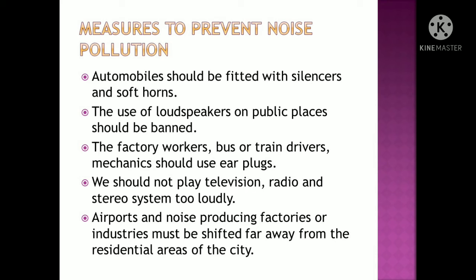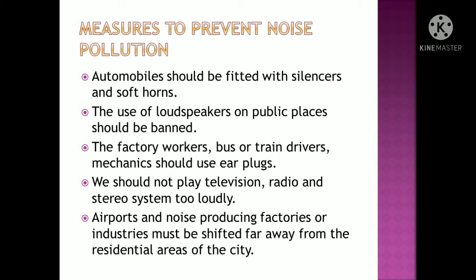We should not play television, radio and stereo systems too loudly. Airports and noise-producing factories or industries must be shifted far away from the residential areas of the city. So these are the measures to prevent this type of noise pollution.